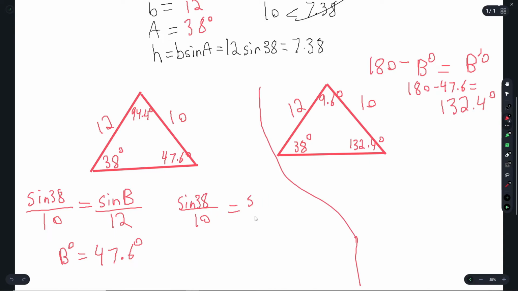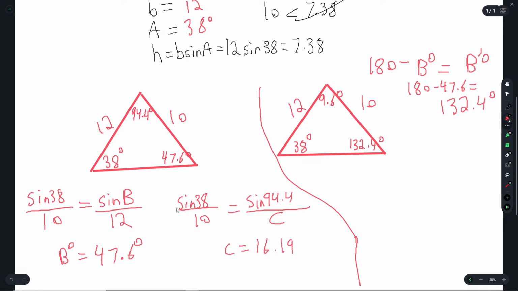So we need to find C, which is this one. Then the angle opposite to it is 94.4. So sine 38 over 10 is equal to sine 94.4 over C. So C will be 16.19.